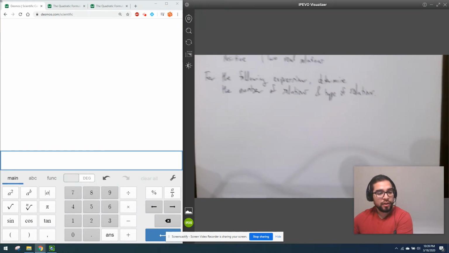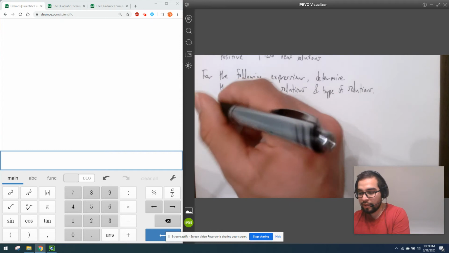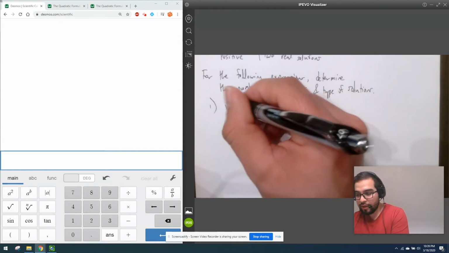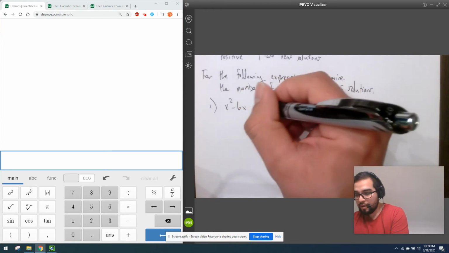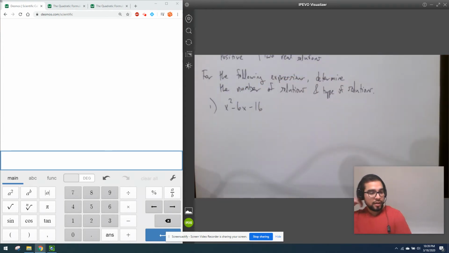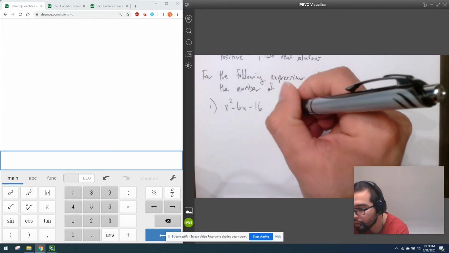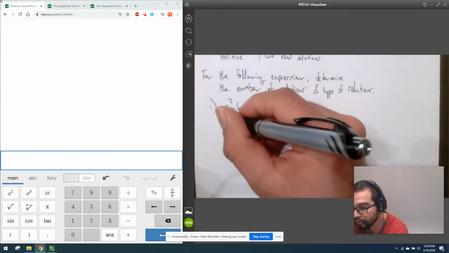Okay, so let's take a look at this one here. We'll call it number 1. My expression is x squared minus 6x minus 16. I'm going to use the discriminant in this case to determine the number and type of solutions. If we recall from our quadratics, I'm going to find the value of a.